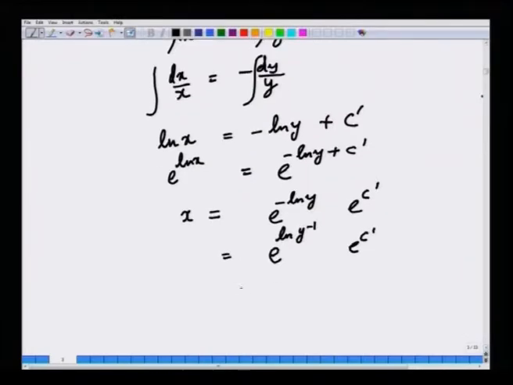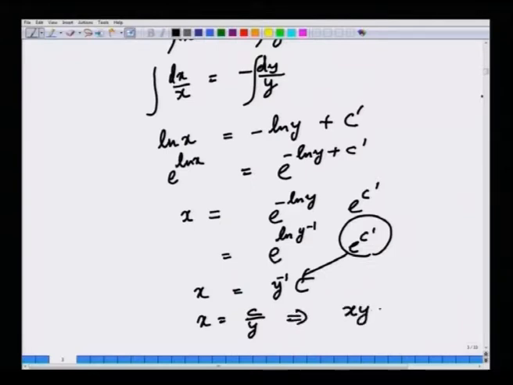So, this is simply y to the minus 1, and e to the c prime is another constant which I call c. So, x is c by y, or xy is a constant.